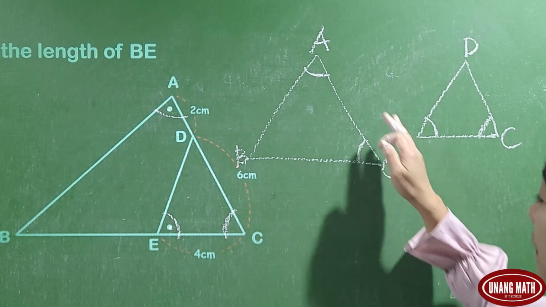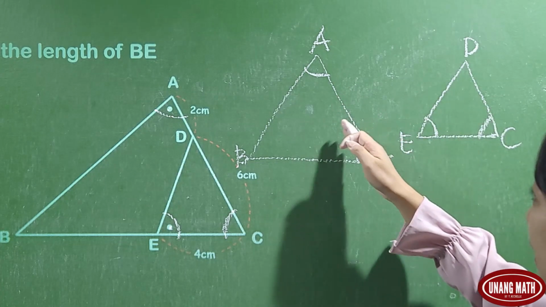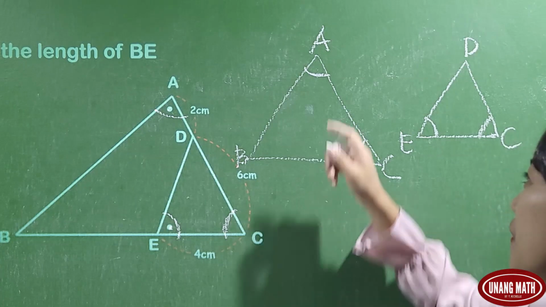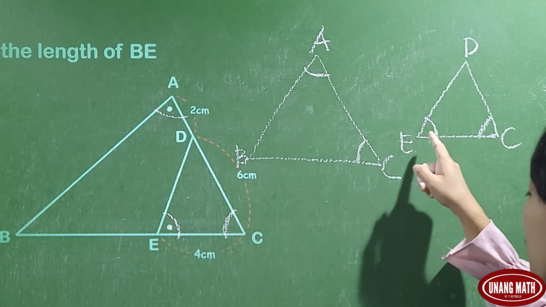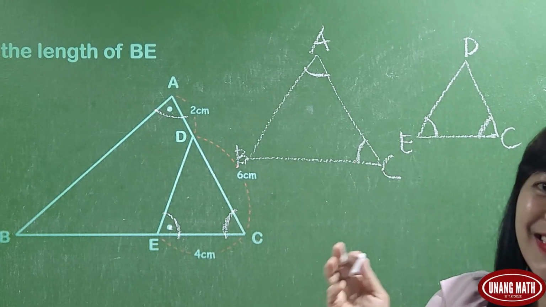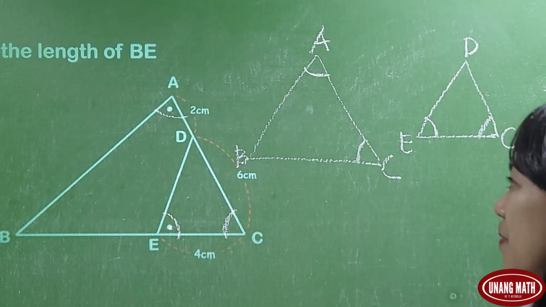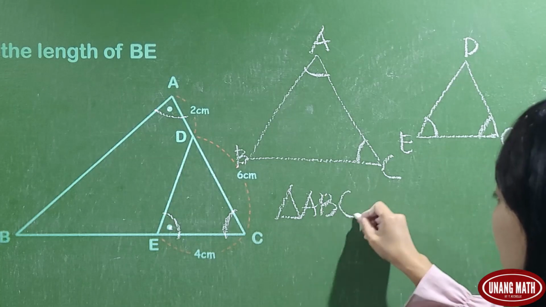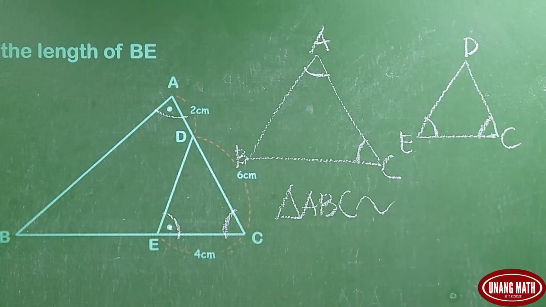So from that, we can now say that these two triangles are similar figures because they have two pairs of corresponding angles that are equal in measures. So triangle ABC is similar to this triangle.